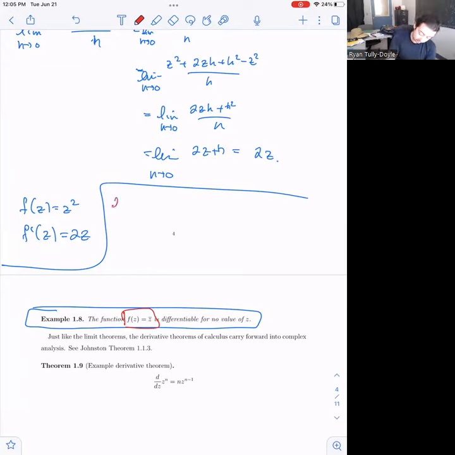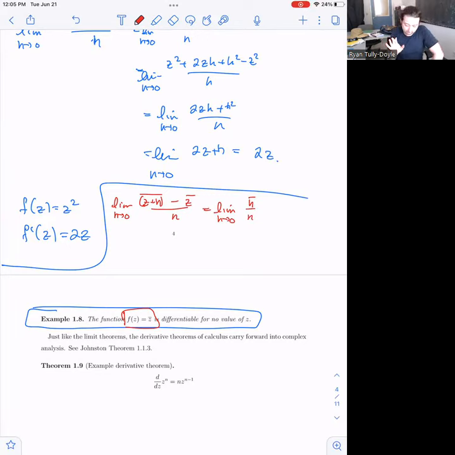So we'll compute the limit as h goes to 0 of z plus h bar minus z bar over h, which gets us the limit as h goes to 0 of h bar over h.